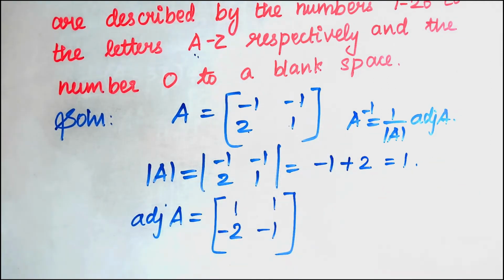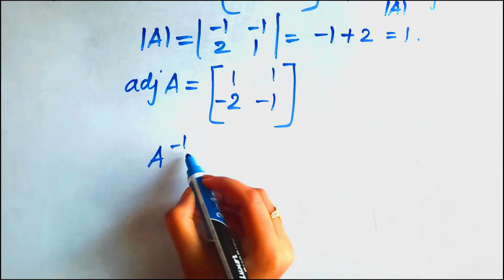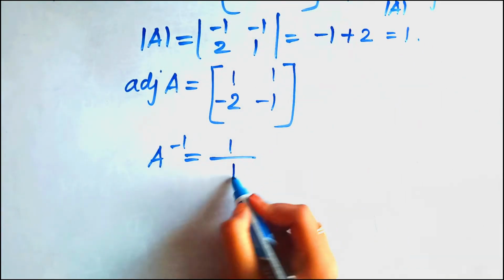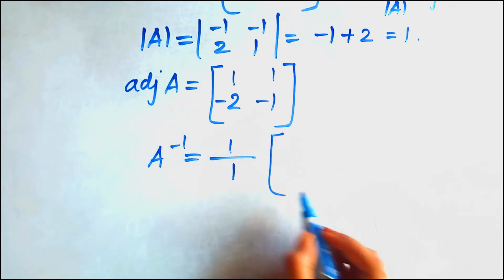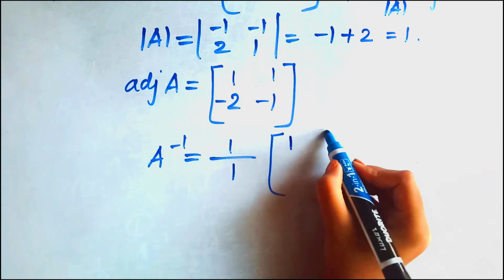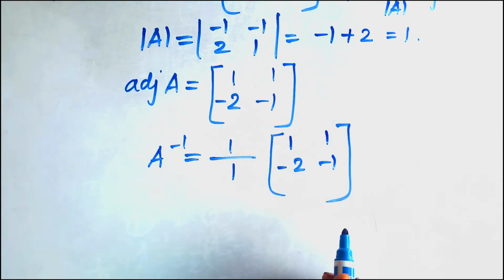Now let's find the A inverse. So A inverse is equal to 1 divided by the value of determinant of A, which is 1, and the value of adjoint of A is 1, 1, -2 and -1. So this is our A inverse.